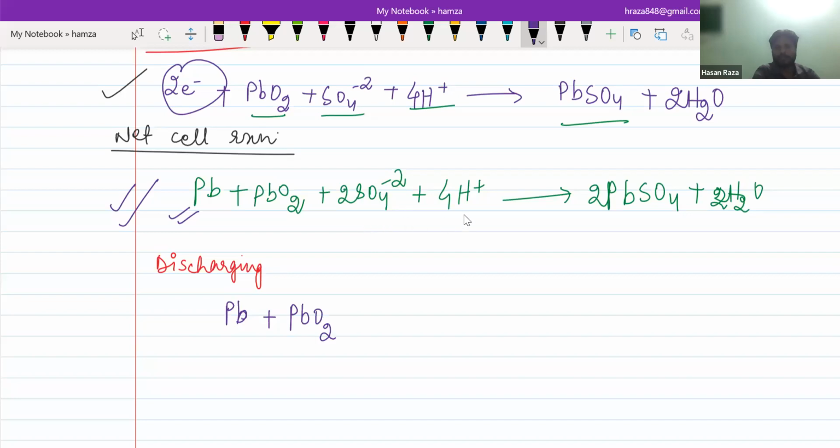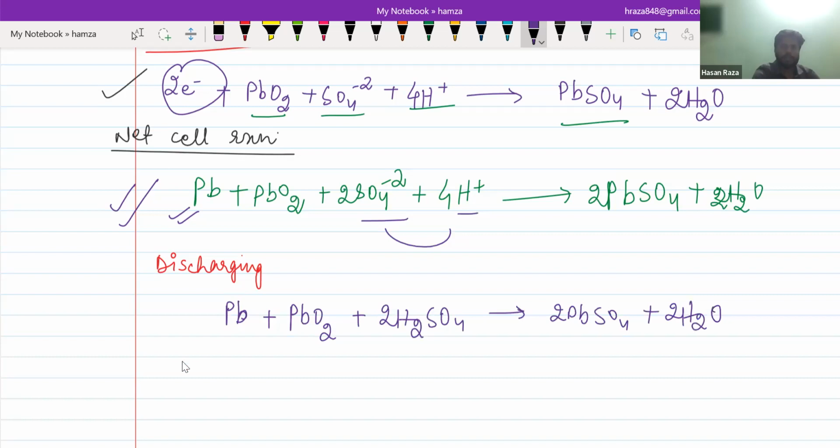Now you know that SO4 minus and H plus combine to form H2SO4. So together it will form 2H2SO4. These two combine to form 2H2SO4 and then 2PbSO4 and then 2H2O. This is the equation for discharge.